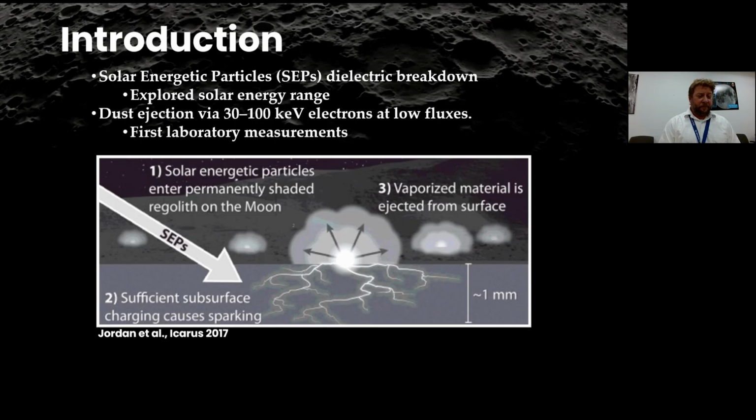These energetic particles can impact the poles of the moon and the night side, and they can last for several hours, potentially days. They're composed primarily of high energy electrons and protons.